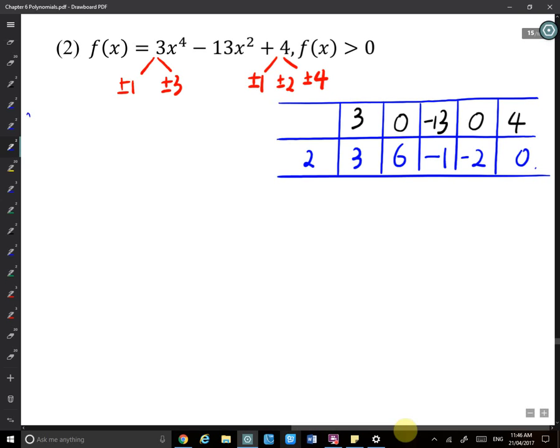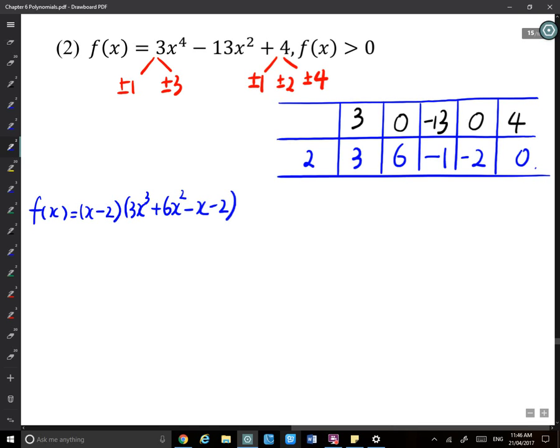So let's write f(x) here. f(x) equals x minus 2. Okay, it's a quartic, and then you take a linear factor out. What has been left? What's the next equation? Cubic. Okay, should be a cubic. So it's 3x to the power of 3 plus 6x to the power of 2 minus x and minus 2.